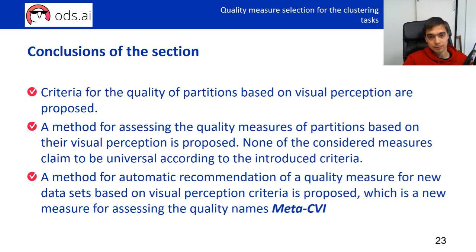And finally, a method of automatic recommendation of a quality measure for a new dataset based on the visual perception criteria was proposed, which is also a new measure for assessing the partition quality itself that we call meta CVI.